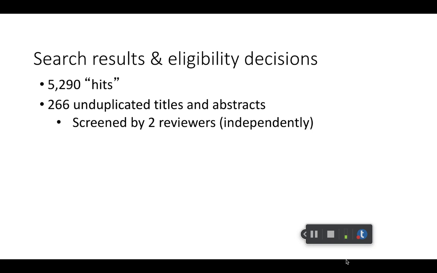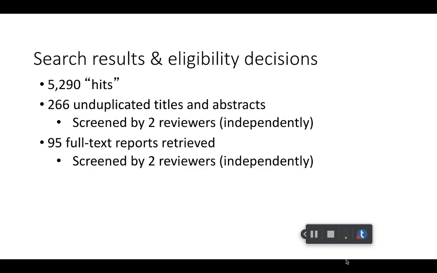But we did find 266 unique titles and abstracts. They were screened by 2 reviewers independently. And then if either of us thought that the title or abstract might be relevant, we pulled the full text. This resulted in acquiring 95 full text reports.